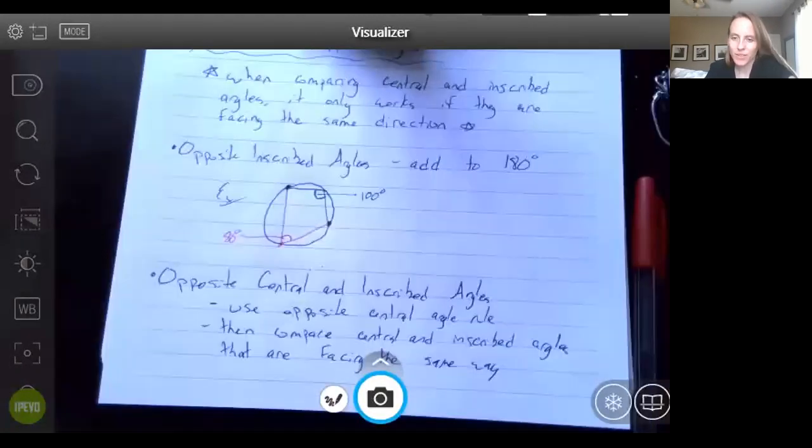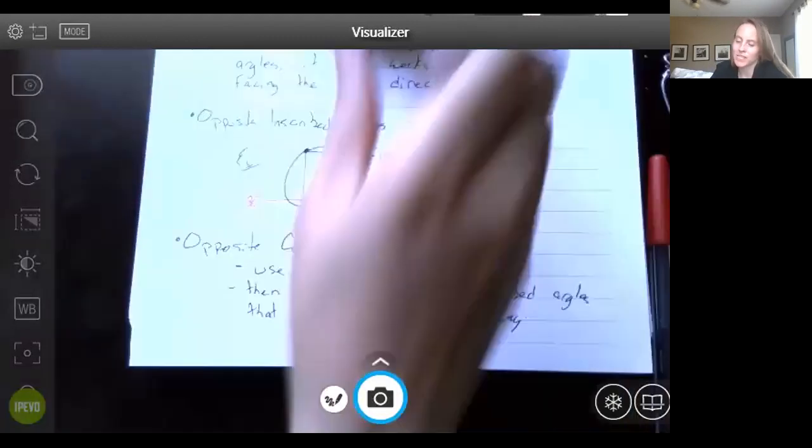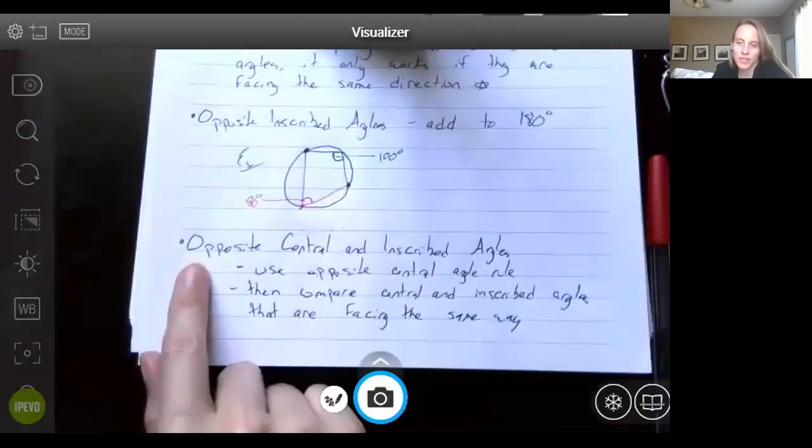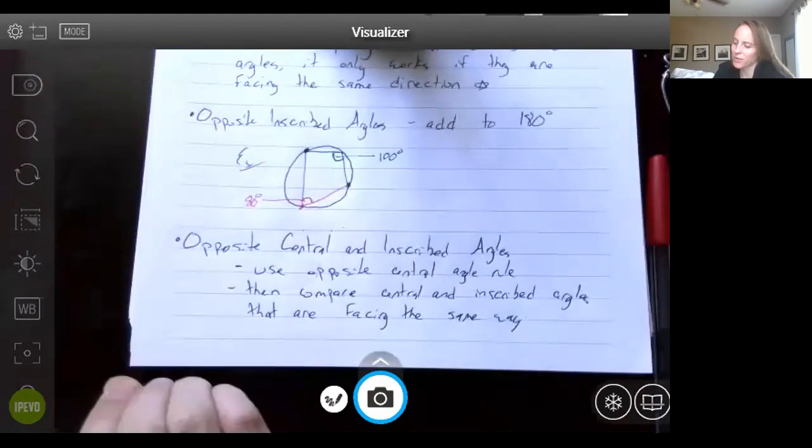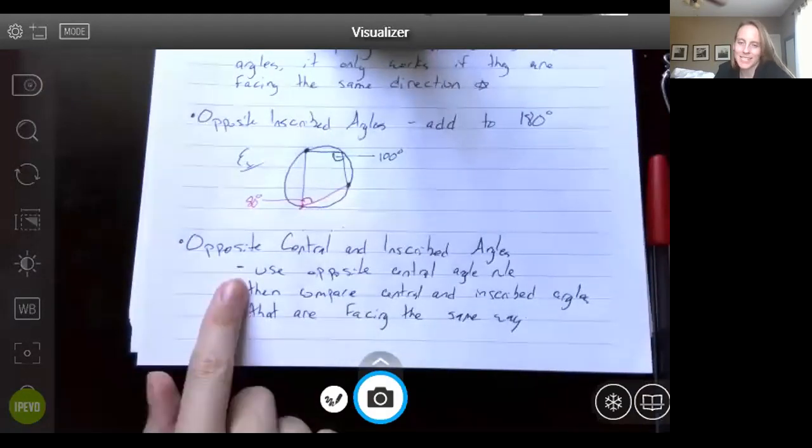So we can also use this quadrilateral rule when comparing opposite central and inscribed angles. In order to do that, we're actually going to apply our opposite central angle rule, where the two central angles add to 360, and then just compare the central and inscribed angles that are actually facing the same way. So let's go through an example of how to do that.